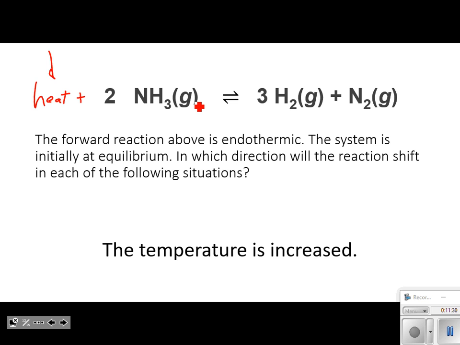If I add heat, what's going to happen to my teeter-totter? It's going to go down, so what way is it going to drive it? Forward. Okay, forward.